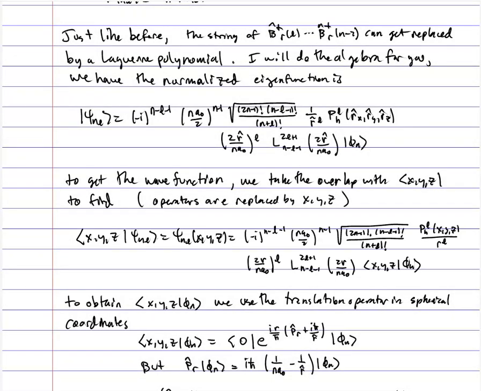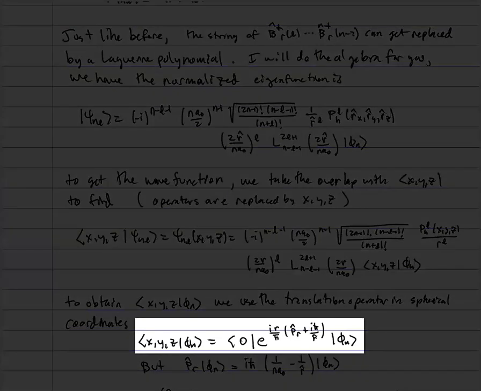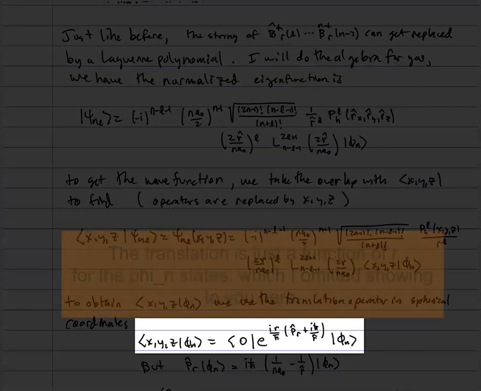Now, to finally get the wave function, I need to calculate this matrix element, the wave function x, y, z acting on the phi N. And to do that, we're going to work with the translation operator in spherical coordinates. Remember, we derived this in an earlier lecture. We're going to use that translation operator to go from the origin of the spherical coordinate system, the position eigenstate at the origin, which we're just going to denote bra 0.